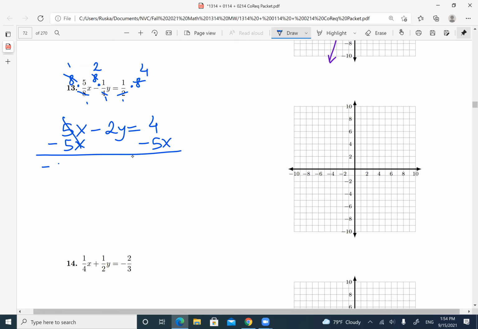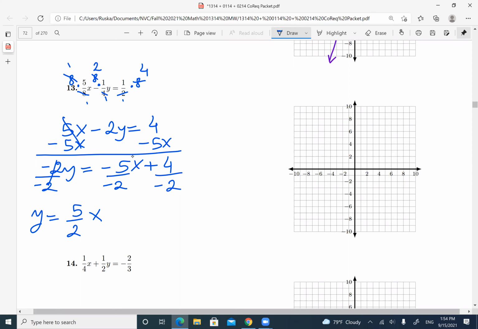So you have -2y equals -5x plus 4. Then you're going to divide each of those by -2. And we have y equals, negative and negative give me positive, 5 over 2x. Positive divided by negative is -2.